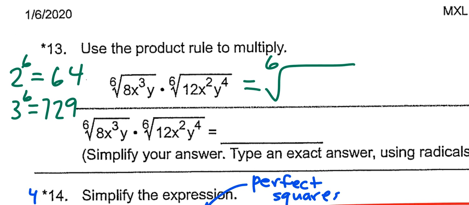Then we can decide if there's any perfects that we need to pull out. Put them together before we decide any kind of way to separate it.